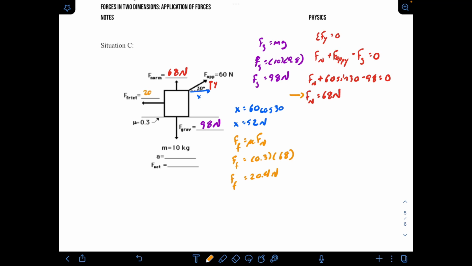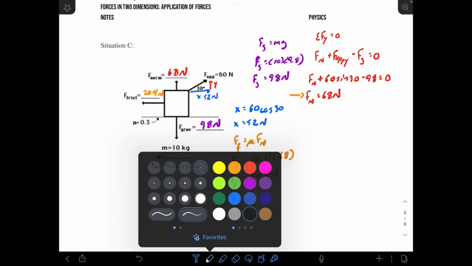So that's going to go right here. If I know that X chunk is 52 already, it looks like there's an imbalance between this guy and this guy here. So it looks like there is a net force in the X direction.